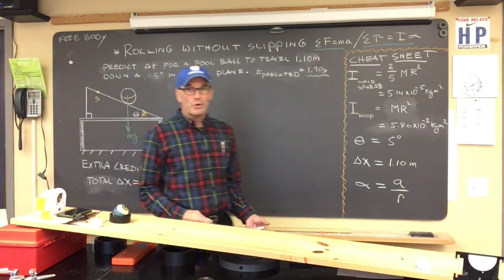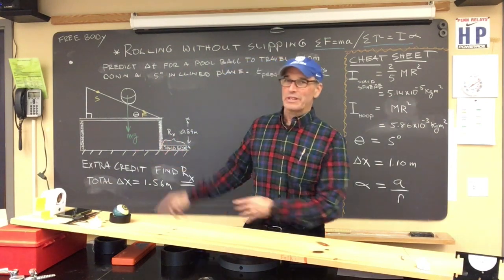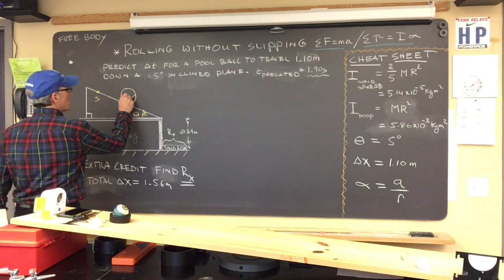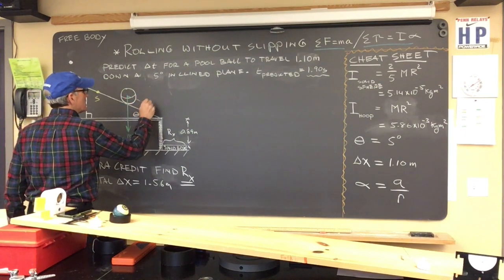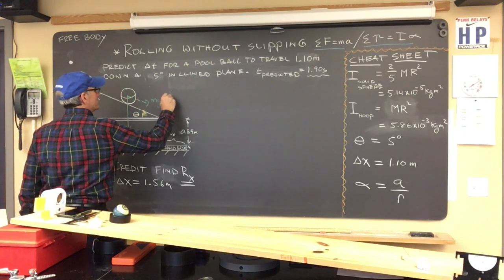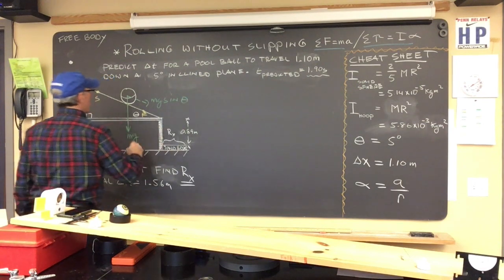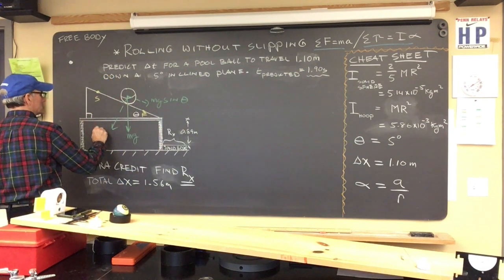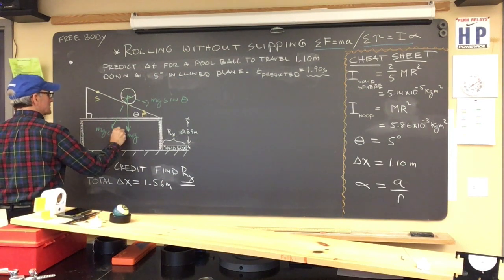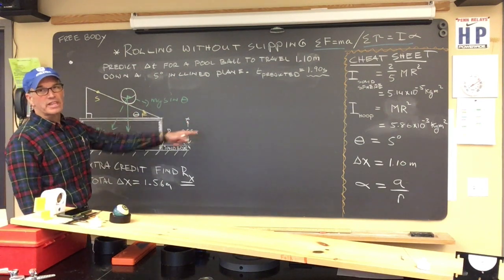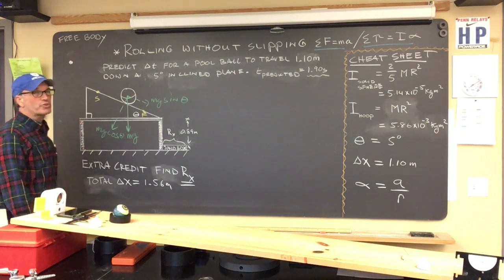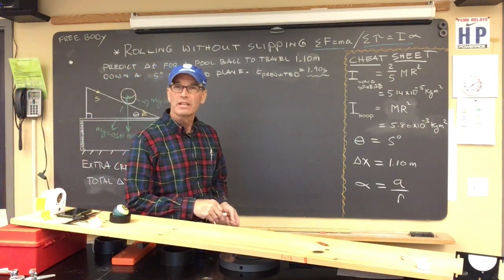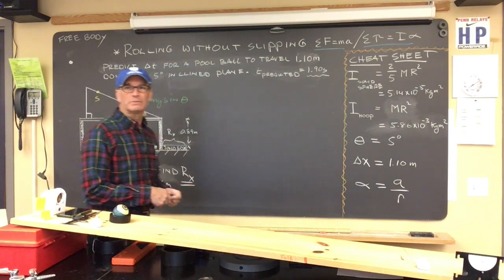Now that you've been told, don't put the components on the diagram, but I'm going to do it anyway, just so that you see that there is a component of mg down the inclined plane, and there's a component of mg into the inclined plane. Good old mg sine theta and mg cosine theta, which I think we're going to relate to the friction force, but maybe not.